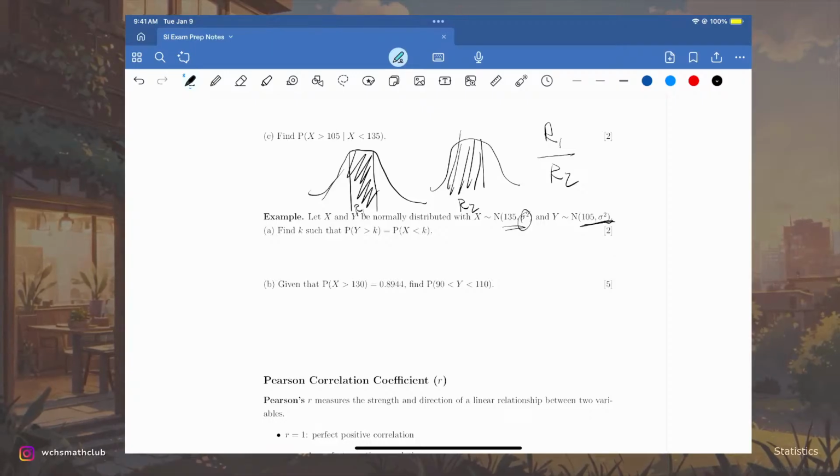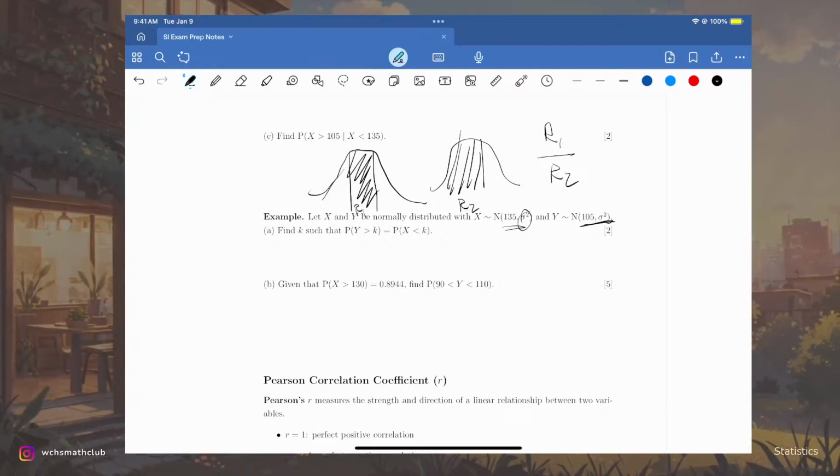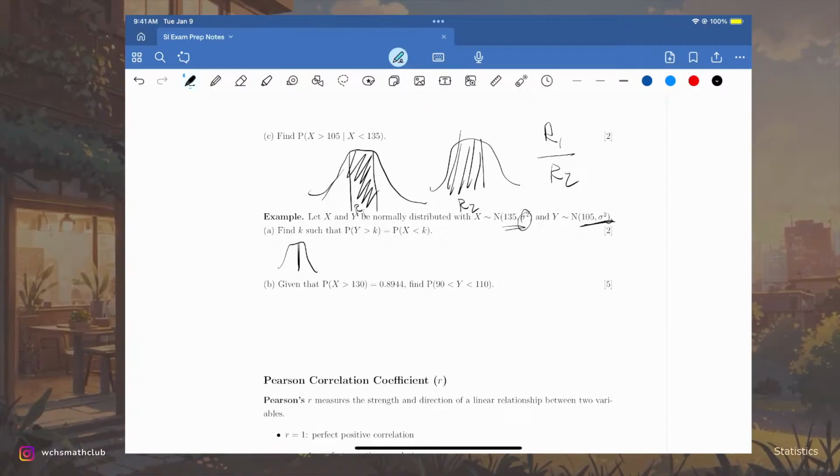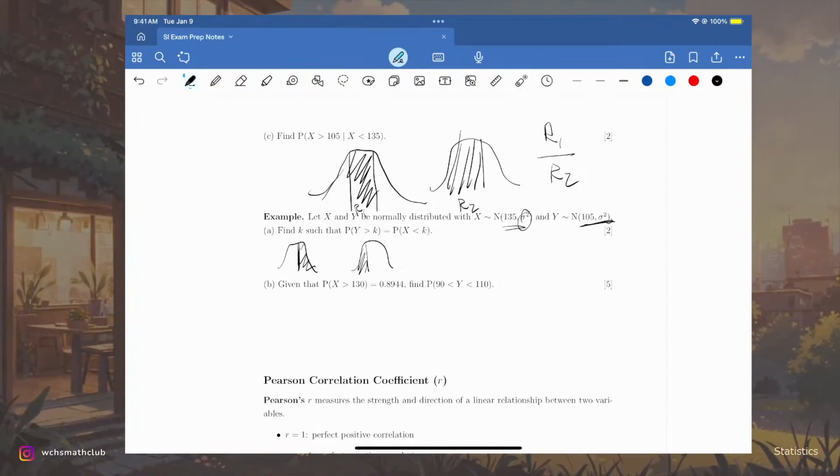Because remember, everything's a scaled up version of that Z-score, and the probabilities or the areas are always going to be the same. What does that mean? That means that in this case, if we want y greater than k, we draw like this, and then x less than k, something like here, these two.